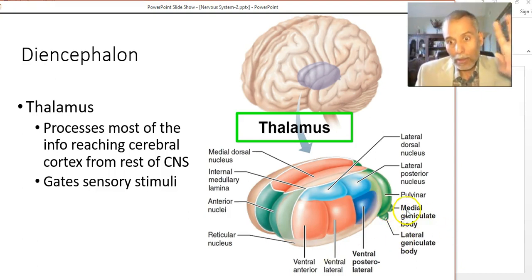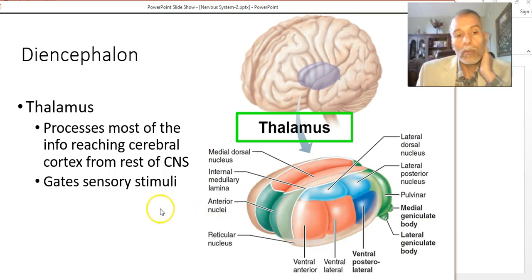So that part of the thalamus will gate sensory stimuli. It will make it optimal. It will make the signal better so that you can hear it better. Or if the signal is really, really loud and can damage your hearing, the medial geniculate will contribute by not amplifying and by, for example, tuning down that signal so that it can protect you.